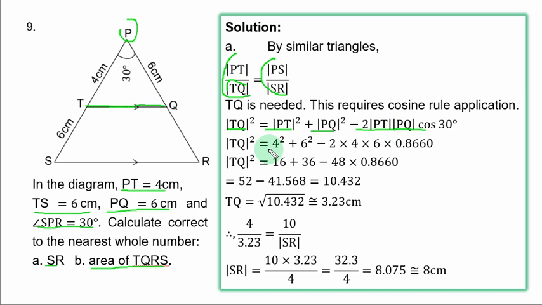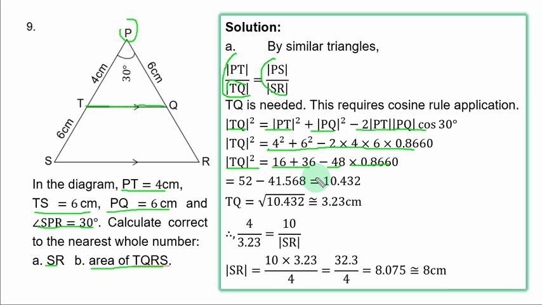So you have TQ squared equal to 4 squared plus 6 squared minus 2 times 4 times 6 cos 30 degrees is 0.8660. So TQ squared is equal to 16 plus 36 minus 48 times the angle.